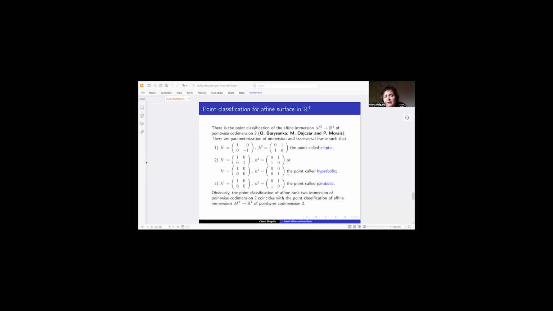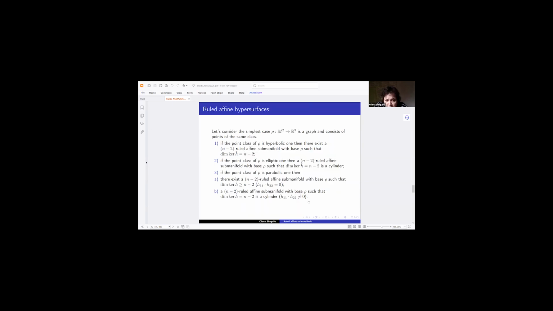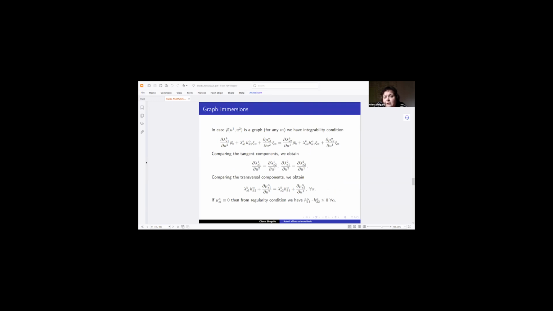As we can see on this form of the matrix of the affine fundamental form, and this condition, H11 multiplied by H22 is less than or equal to 0.